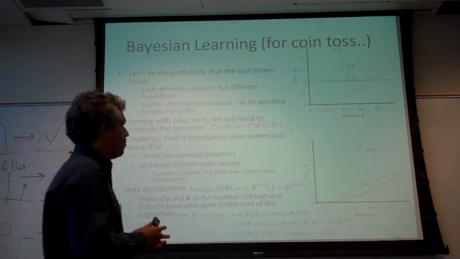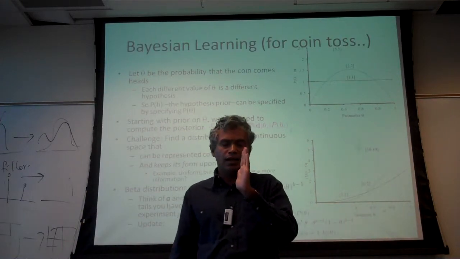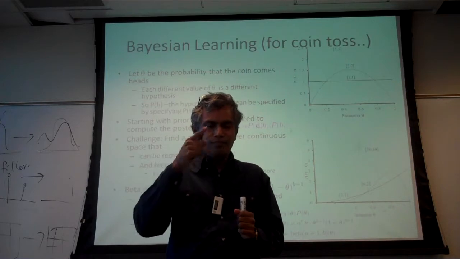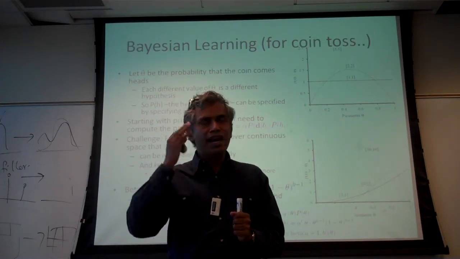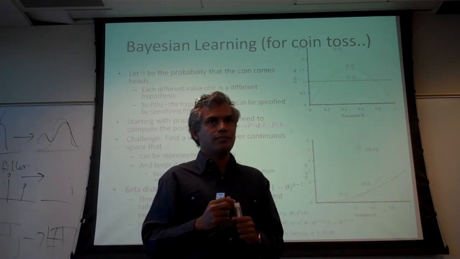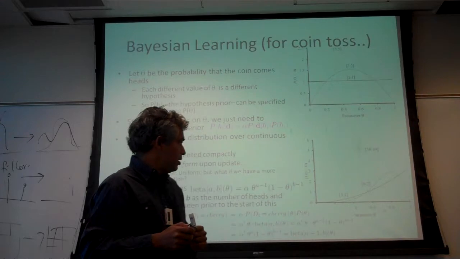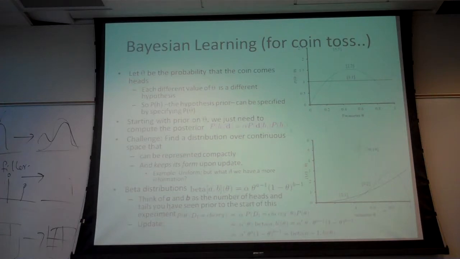But neither of them is going to suddenly make this distribution an impulse distribution. You're not committing to one particular value like ML does. So that's basically what you would do in Bayesian learning for just the coin tossing example, or just the one parameter candy example.